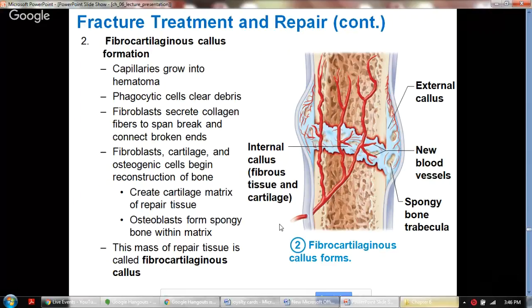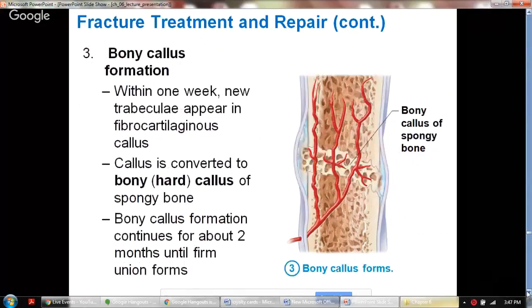So this mass of repair tissue is called the fibrocartilaginous callus. Fibroblasts are involved, and cartilage formation is involved. All of this is the fibrocartilaginous callus formation.